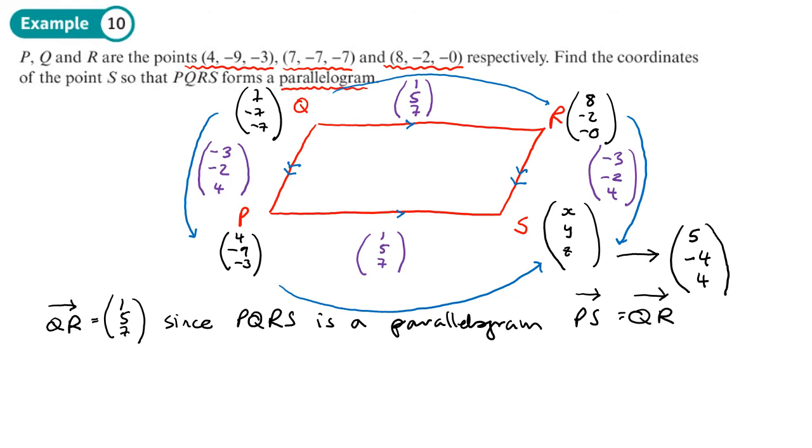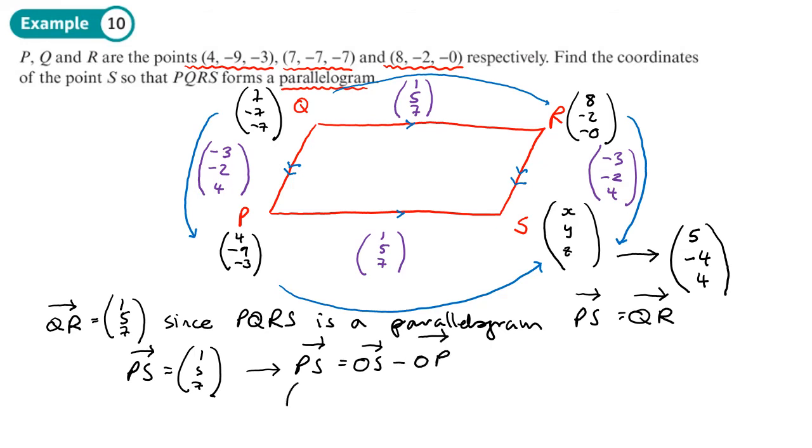So if you then want to find S, you could say that PS is going to equal this (1, 5, 7), and PS is equal to OS minus OP.